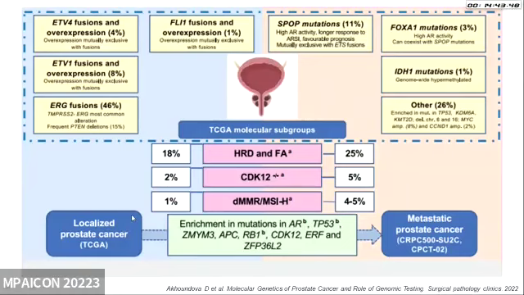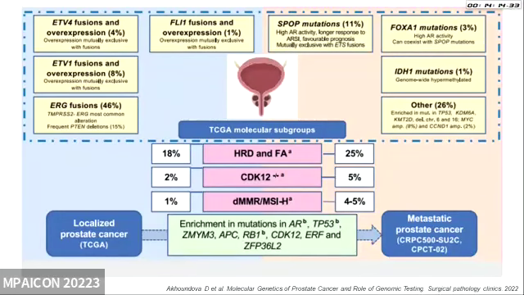When it gathers some more mutations, namely in P53, androgen receptor, APC, RB1, cyclin, and CDK12 genes, it connotes poor prognosis, and that localized prostate cancer becomes metastatic prostate cancer.